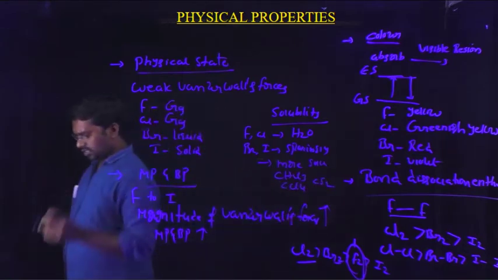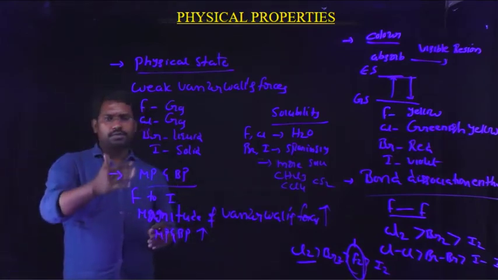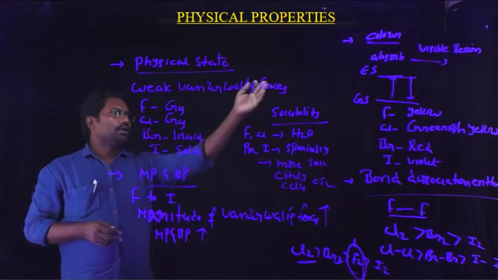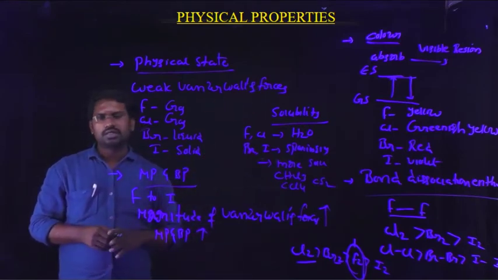Okay, these are all the physical properties of the halogens: physical state, melting point, boiling point, color, bond dissociation enthalpy, and finally solubility.